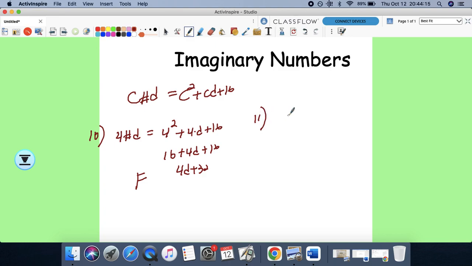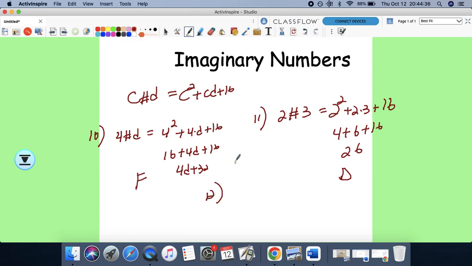11. We have 2 pound 3. So we're going to replace C with 2 and D with 3. So we get 2 squared plus 2 times 3 plus 16. 4 plus 6 plus 16. And that's going to give us 26, which is D. 12. We have to do 2.